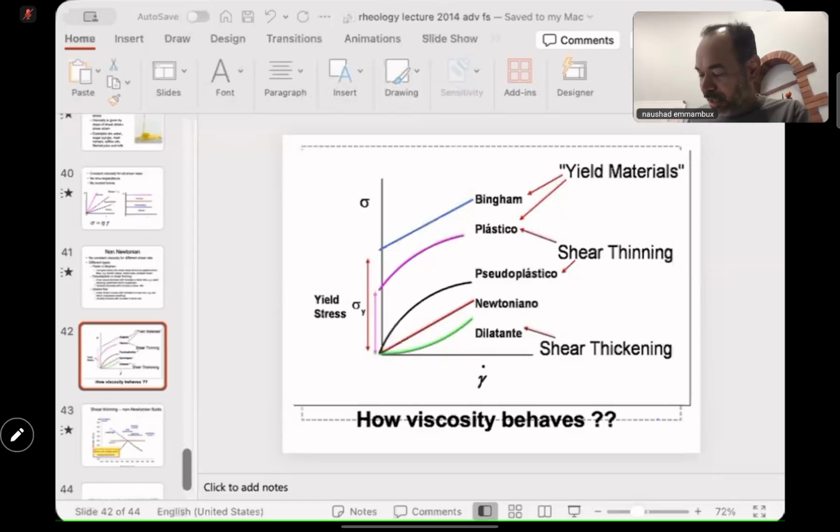I just want to say that it depends on the ingredient you have. But the moment you put a biopolymer there, like gelatinized starch, it will become shear thinning.